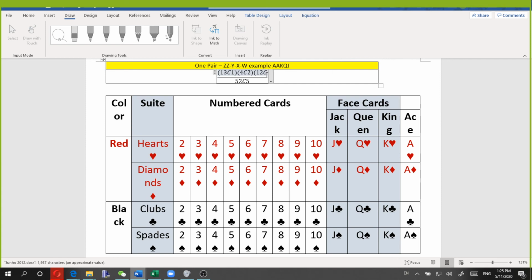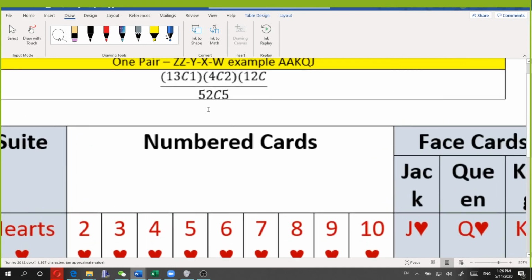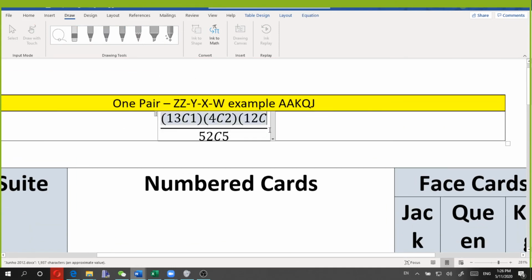Now, for this second part, I want to pick 1 card of the 4 for every one of these values. So how many of the values am I picking 1 card for? Not just 1. I want to know how many of the 12 values left do I want to take 1 card out of the deck and put into my hand for? 3. So there are 12 values left.